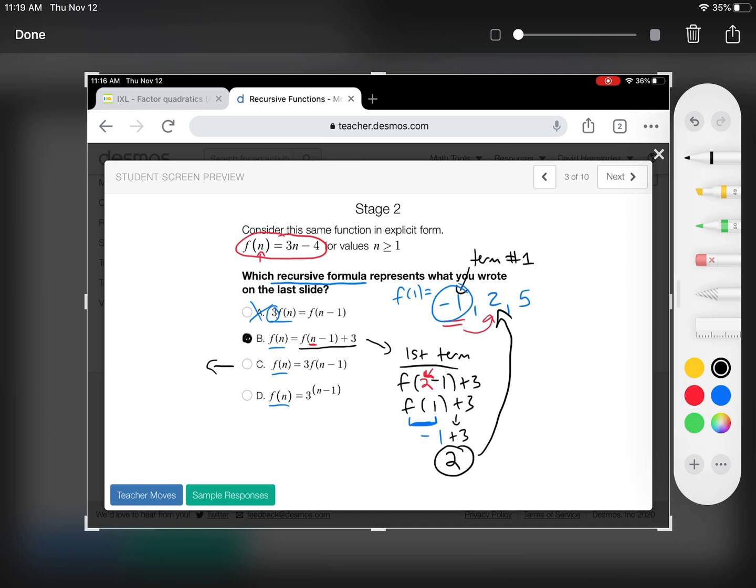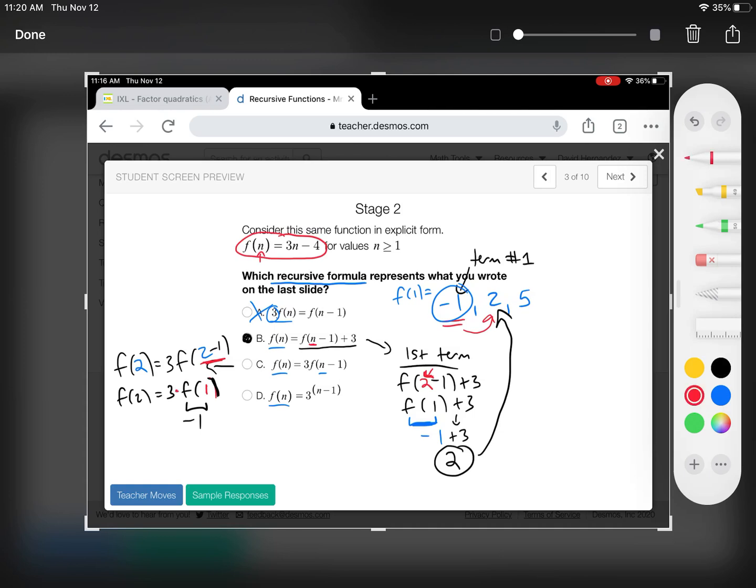Let's see what we get here with this one. So I'm also going to plug in the second term. So f of 2 equals 3 times f of, instead of n minus 1, I want to plug in 2 minus 1. So this is going to be f of 2 equals 3 times f of 2 minus 1. 2 minus 1 is 1. Okay, so we're plugging that in. Now, what is f of 1? Again, f of 1 is over here, which is negative 1. So we're going to plug in negative 1 here.